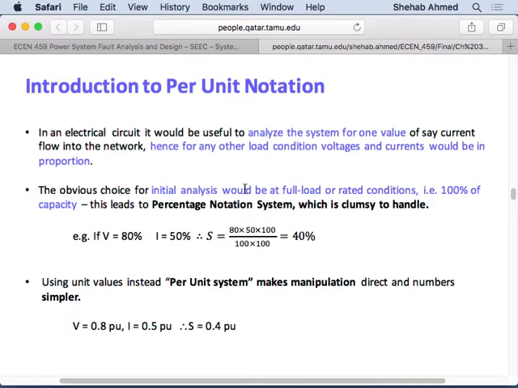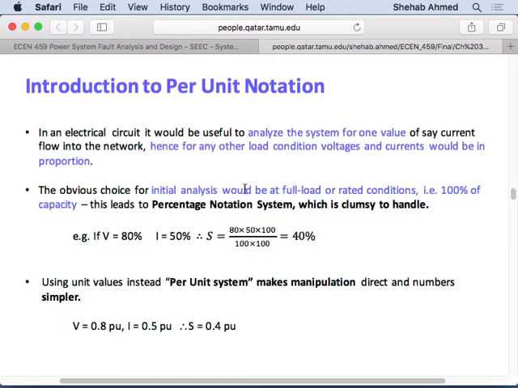So if I normalize numbers, then everything will be close to what? 1, if it's normal, right? If I'm able to take my full power system and normalize everything in it, then I can look anywhere around the power system and say, okay, this is 0.9, that means there's a problem. This is 0.8, that means there's a problem. I don't care what the actual voltage is, and I don't need to memorize it.